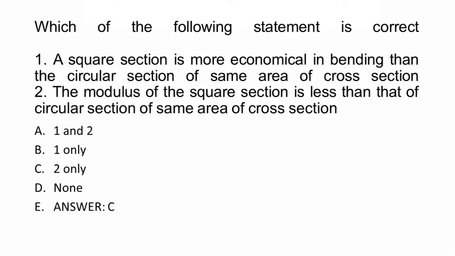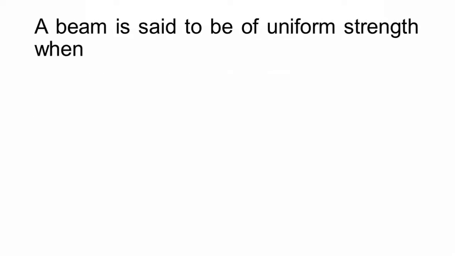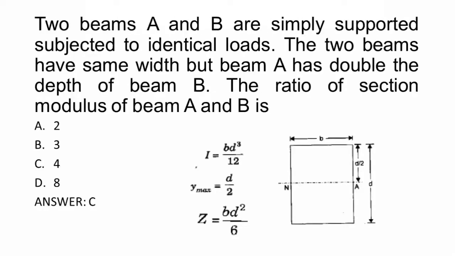In the previous question we have seen section modulus Z for rectangular cross section is BD square by 6. Here our question is square cross section, so you can substitute in that equation B is equal to D. So what you will get is D cube upon 6 as the section modulus for square cross section.